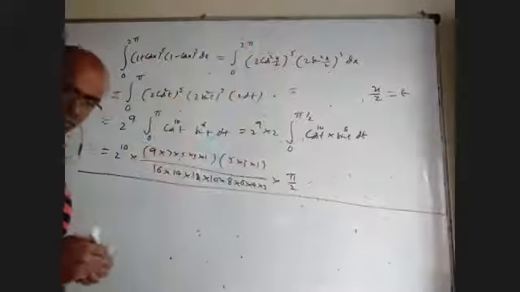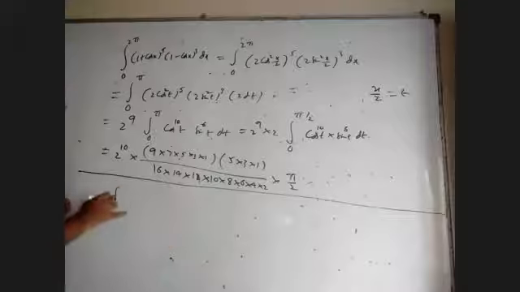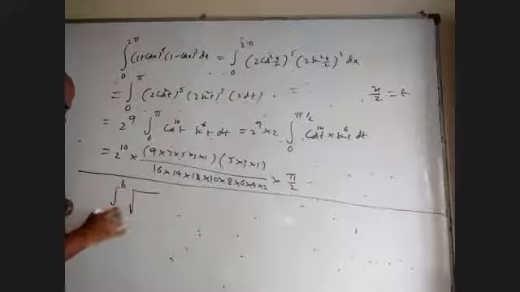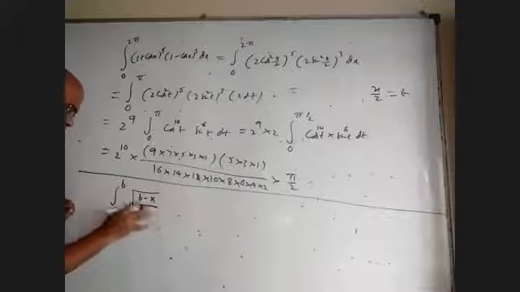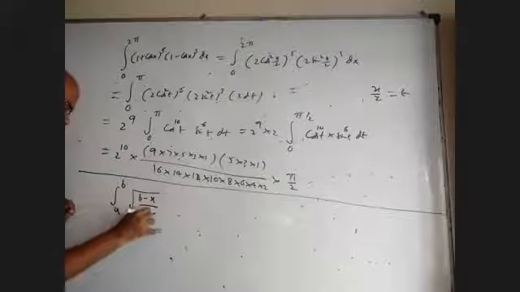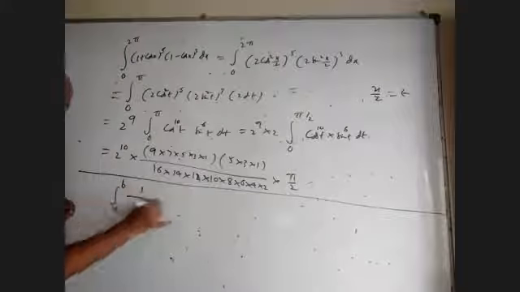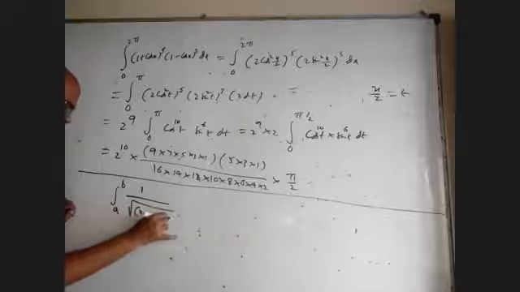Okay, next we are going to discuss three formulas, three questions together. Try to understand. If any doubt, ask me. Integral a to b root over (b minus x) by (x minus a). Let me write the easiest one first: 1 by root over (x minus a) into (b minus x).